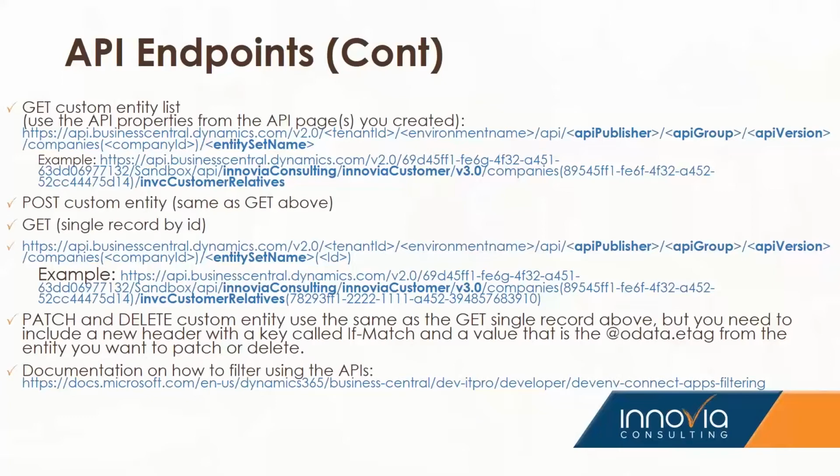It's because you need to get that OData E tag from the return JSON when you're looking up your record. It's not a GUID, it's like a serialized number. I'm not sure exactly what algorithm they use to create it, but it is a tag that they assign to a record.